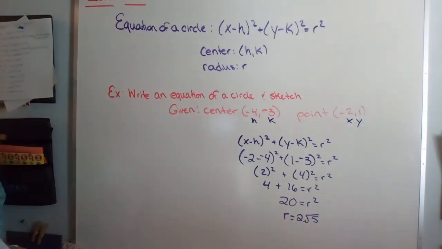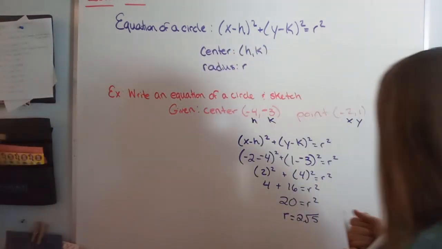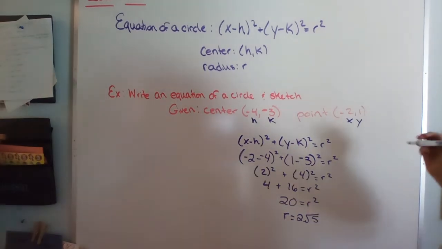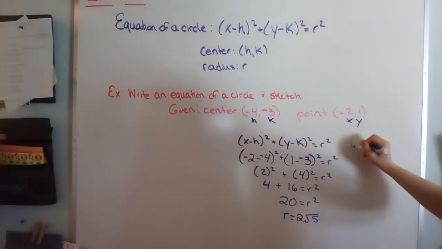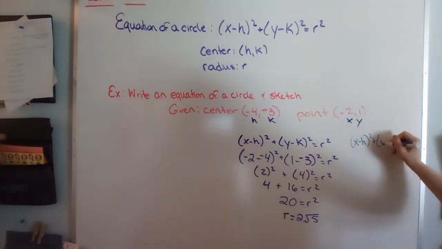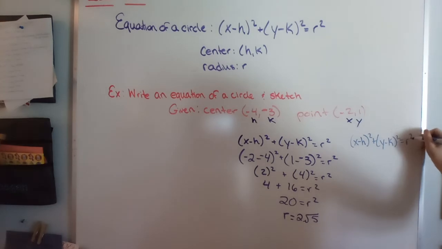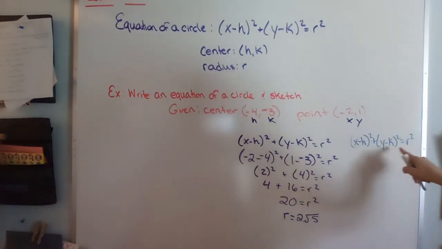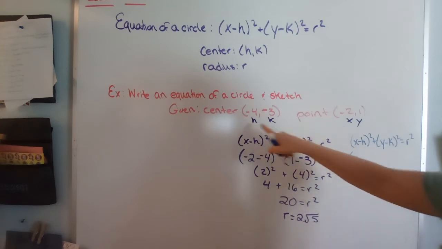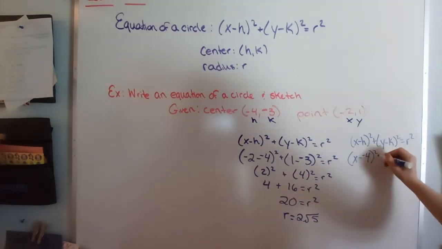Now when I go to write my equation, think about this before you actually write it. So my answer, which again is always x minus h squared plus y minus k squared equals r squared. But remember, you're just substituting in h, k, and r. So the h value is -4, so minus -4 squared.